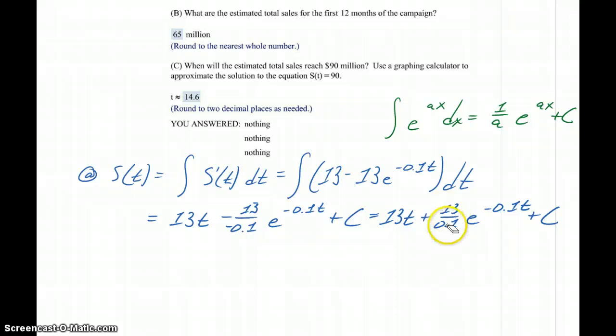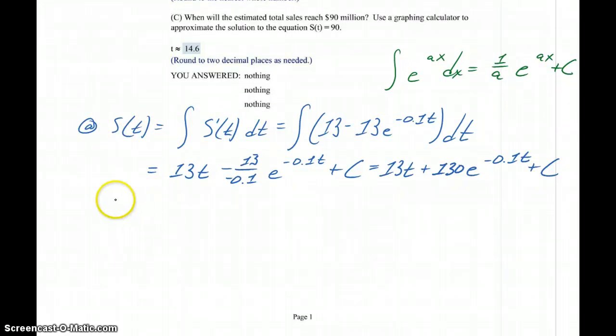And then we could simplify 13 over 0.1, that's just going to be 130. So this is our indefinite integral, but we want the complete function S of t, so we need to figure out what that value is for c in this case.